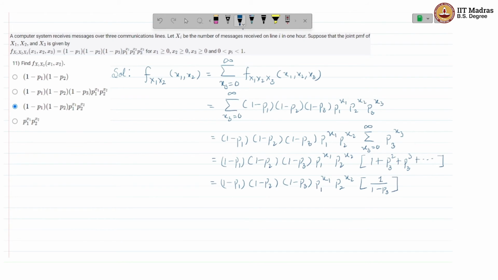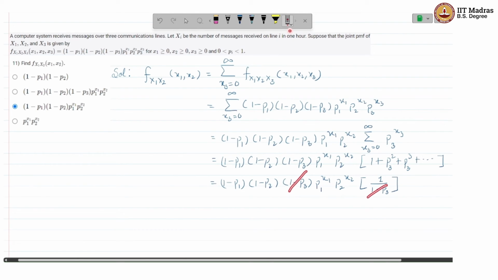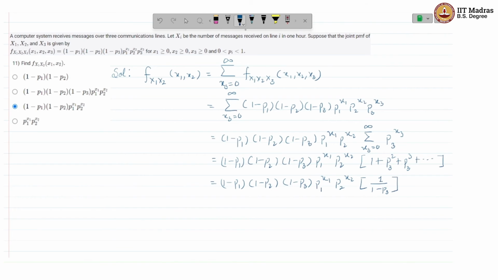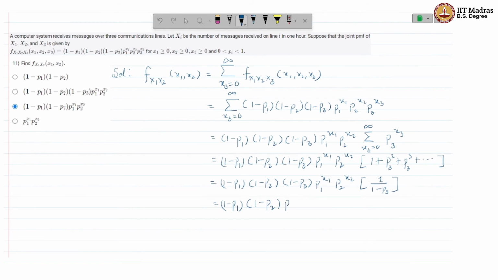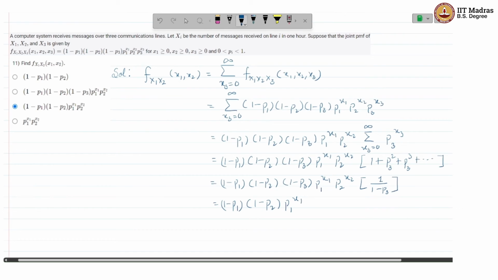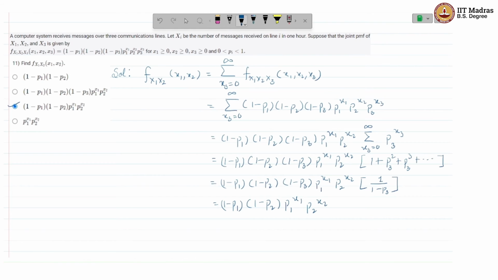With further simplification, we will cancel out these two terms and we'll get (1 minus p1)(1 minus p2) p1 raised to the power x1, p2 raised to the power x2. And this is the required answer. So option C is correct.